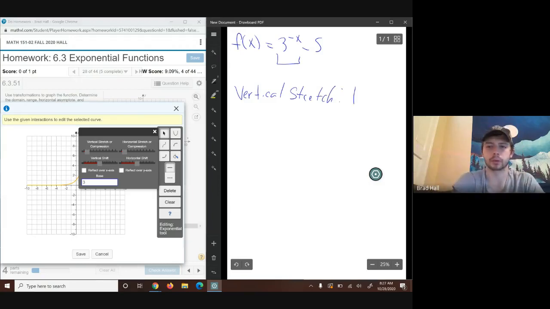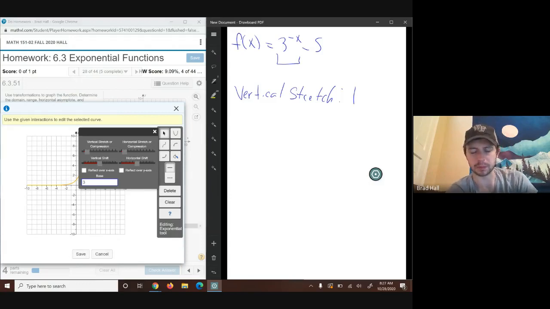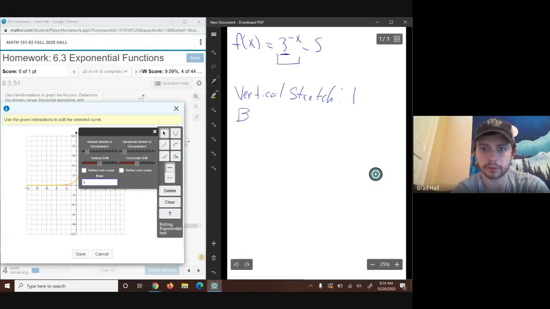is 1. A common misconception students have is that they would say that 3 is the vertical stretch or compression. And that's not true, because 3 is the base, which you see at the very bottom.